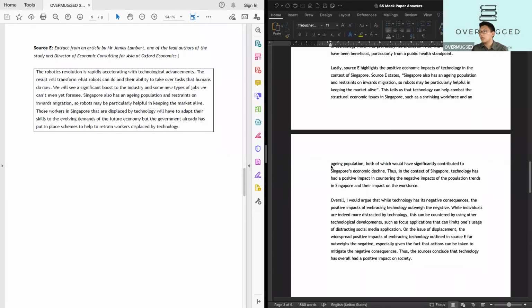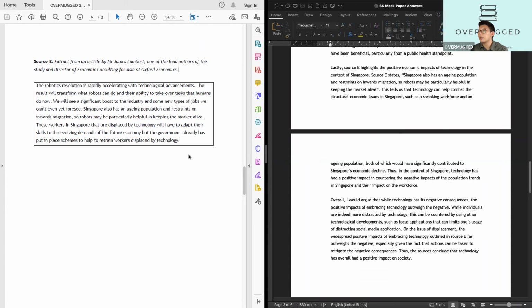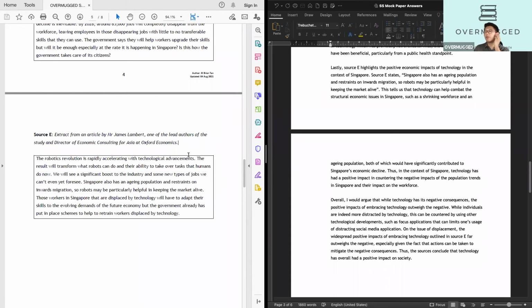So when you're looking at the conclusion, there are many ways to go about doing a conclusion. In the case of the history paper just now, the reason why I used the approach where I discredited the sources that are not useful for me is because there is a very clear establishment of motive in the other sources.